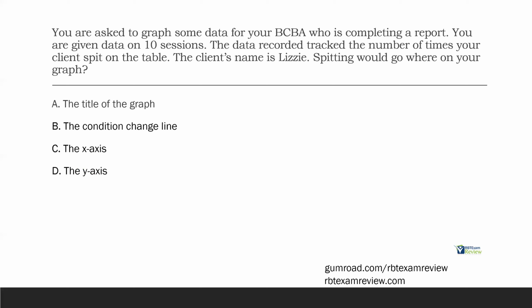But that's not the best answer. We're looking for the best answer here. So we might put spitting in the title, but we don't know enough about how your BCBA is doing things. There's only one definitive answer that's consistent every single time. The condition change line? No, the condition change line tells us when we're changing conditions.